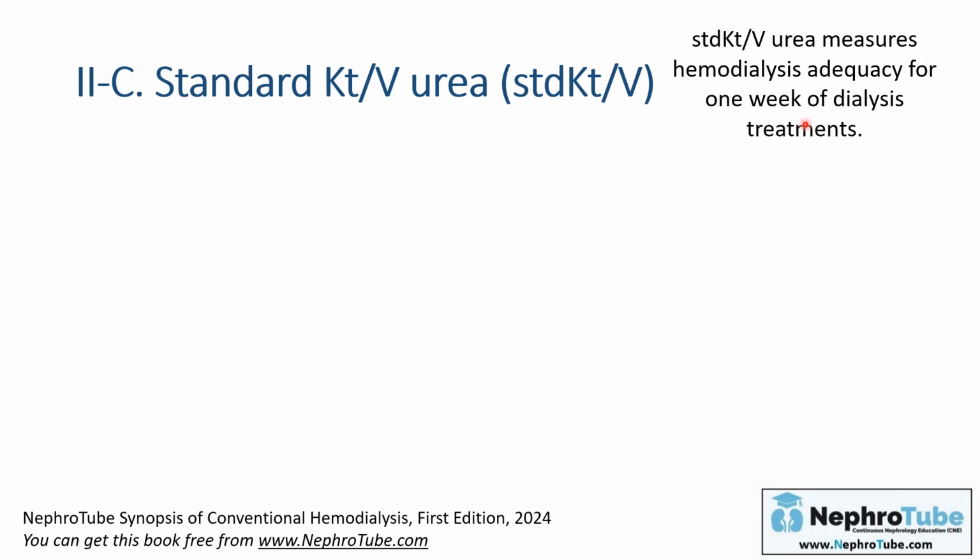So this is a collection of all hemodialysis treatments through the week. If the patient had 3 dialysis sessions per week, standard KT/V measures the hemodialysis adequacy for all the 3 sessions together.